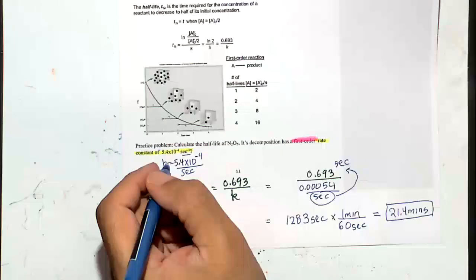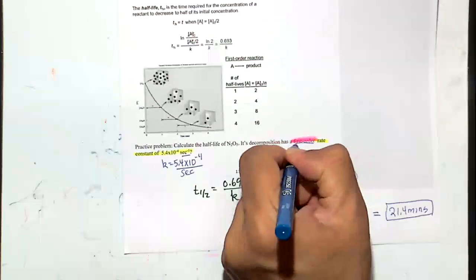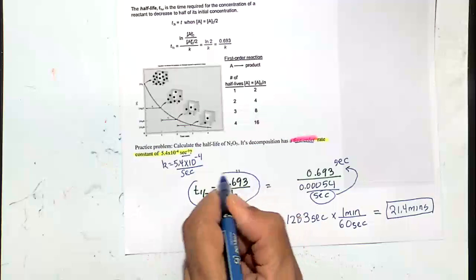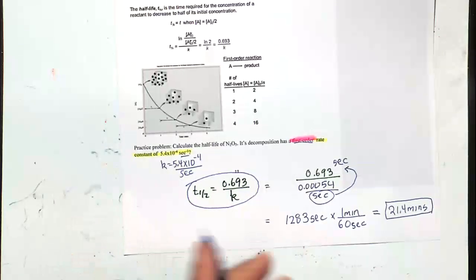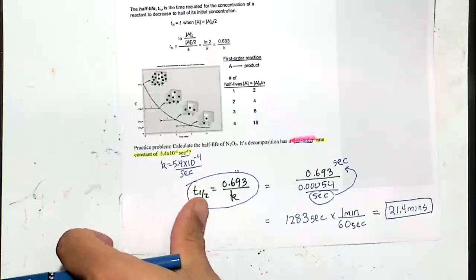In 21 minutes, this is 50% gone. First order, this is the equation. We plug and chug it, and this is what we get. Plug and play. All right, shall we move on to our next problem here?